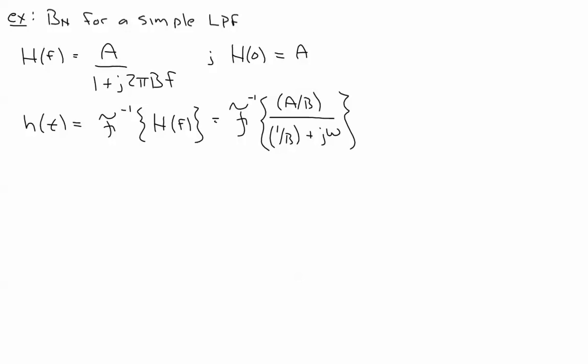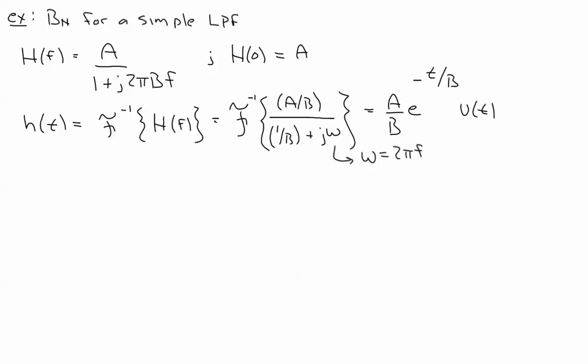And that's the form of an inverse Fourier transform that you can look up in tables that I've provided you already. And this equals A over B e to the minus t over B times the step function. Of course, omega here is 2 pi times regular non-radian frequency f.